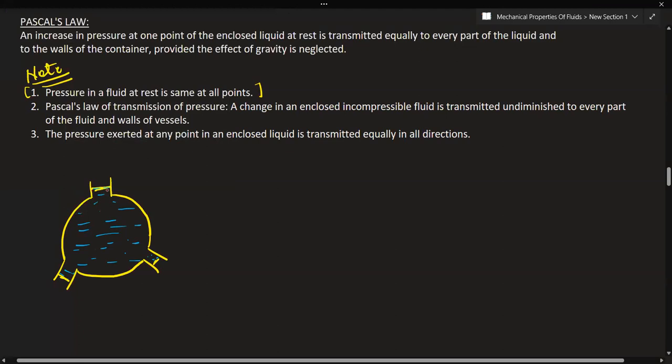Now tell me, if A is the area of this, let's say this is the first end, A is the area, F is the force exerted. So if I have exerted a force on this column, then this portion of the liquid will exert force or pressure on the end of this, and this liquid will also be pushed towards this end. Yes or no? If I have applied a force in this direction only.